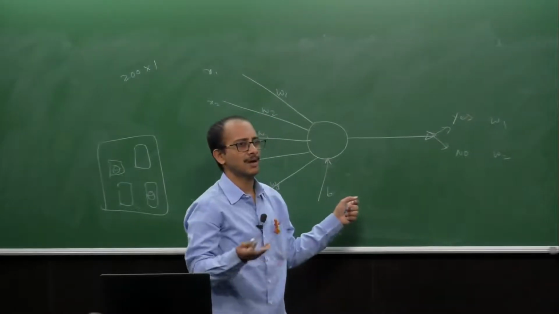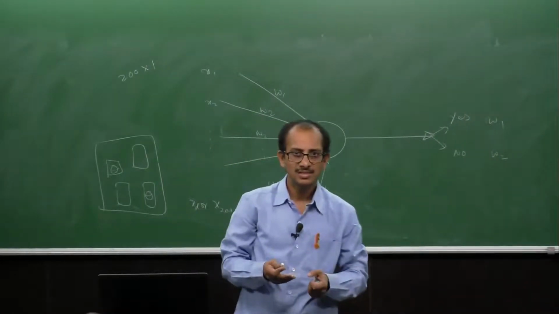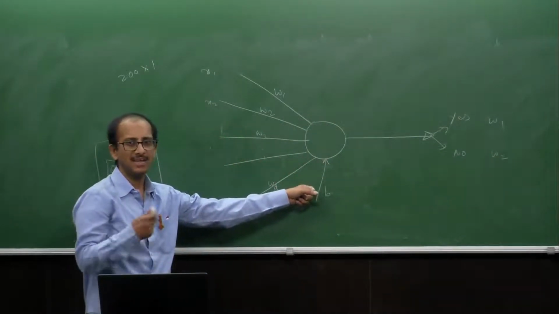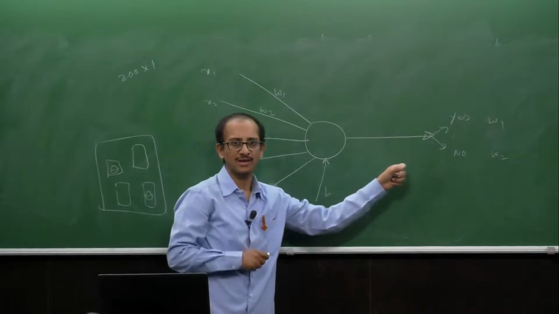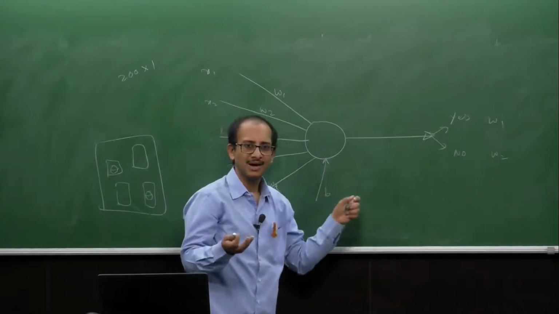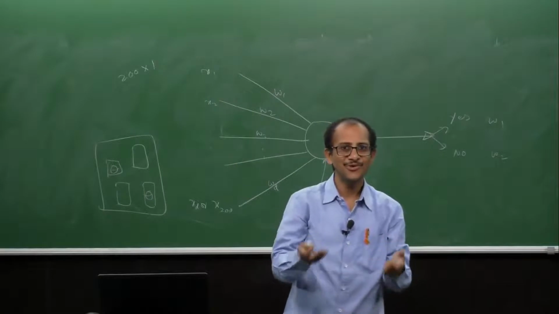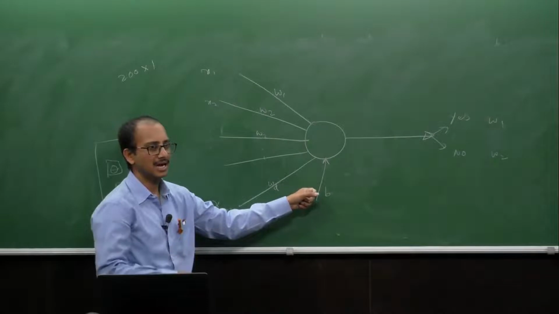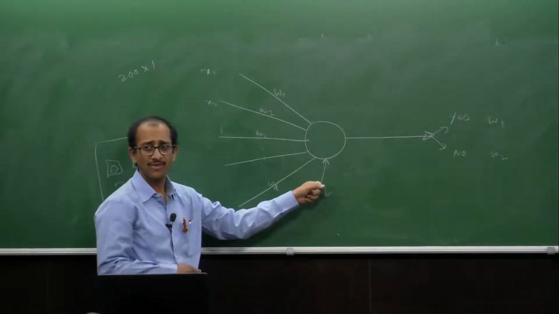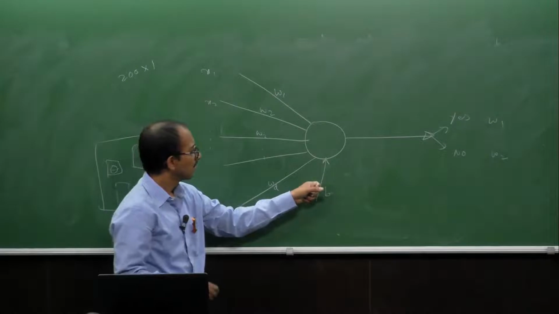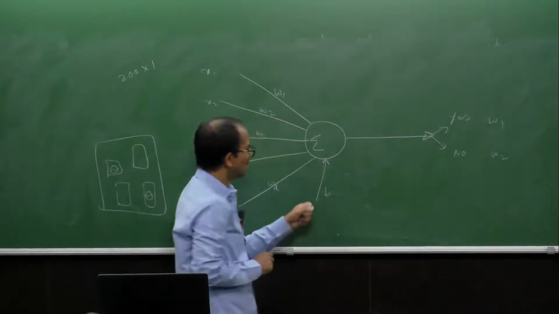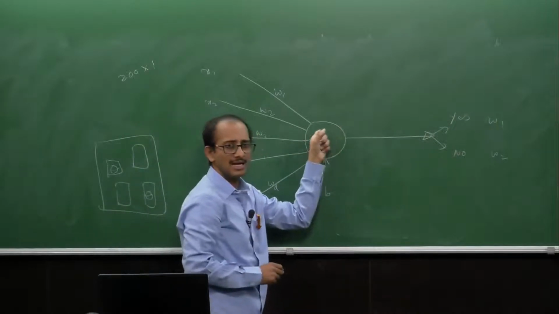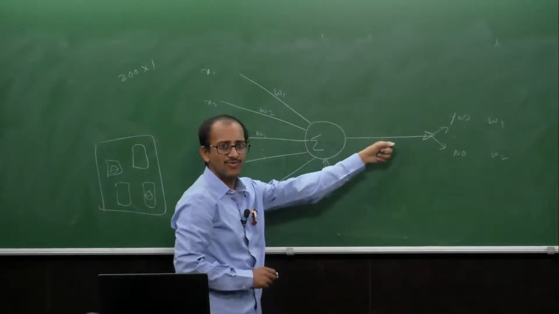But even in the biological situation, there is a bias at each neuron to fire or not to fire, because it already has some preconceived notions, its own bias, an a priori interest in firing or not firing, for example, taking a decision or not taking. So the summation of all this goes as the output.